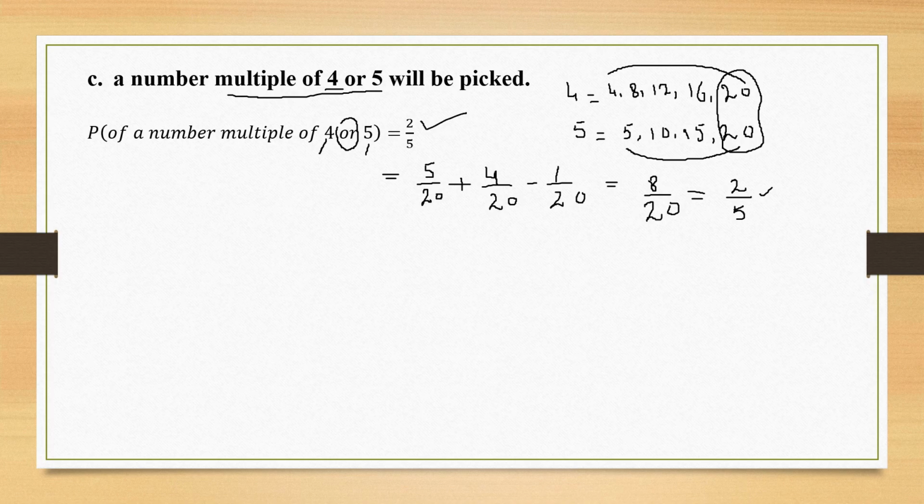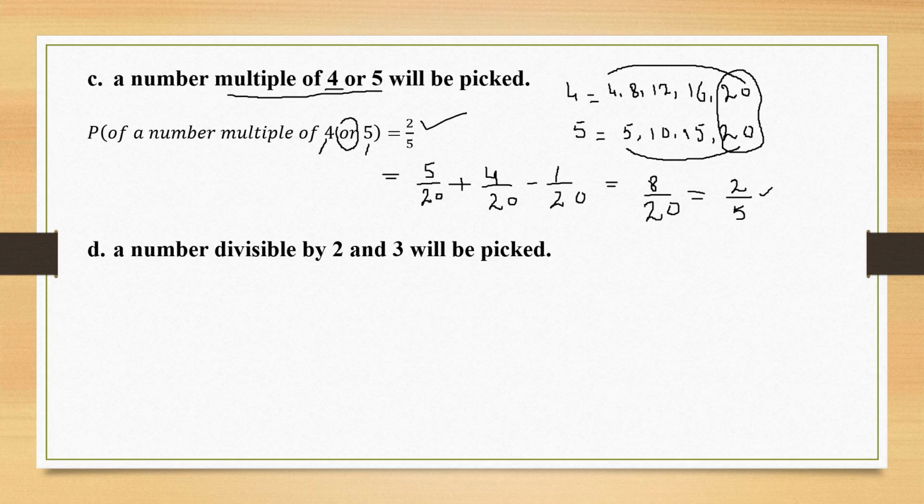Okay, dear student, now in this question, a number divisible by 2 or divisible by 3 will be picked. Now divisible by 2, my dear students, we have 2, 4, 6, 8, 10, 12, 14, 16, 18 and 20.